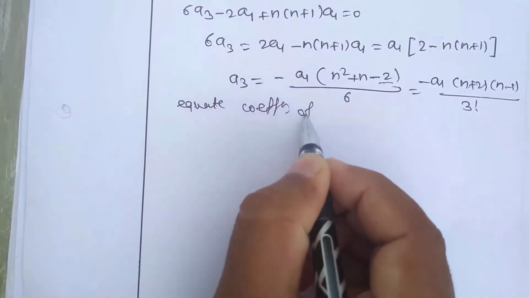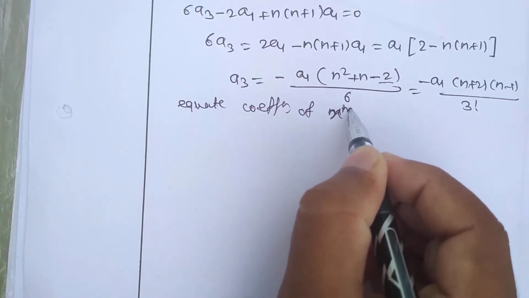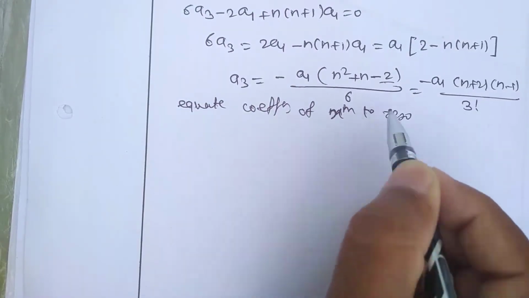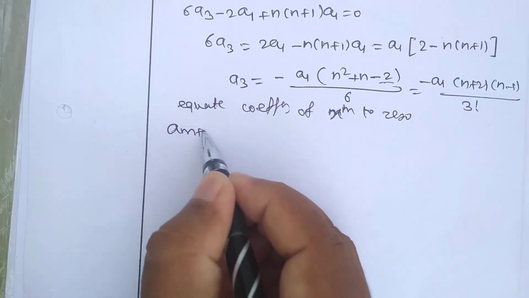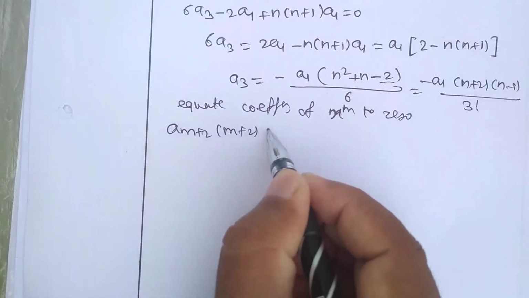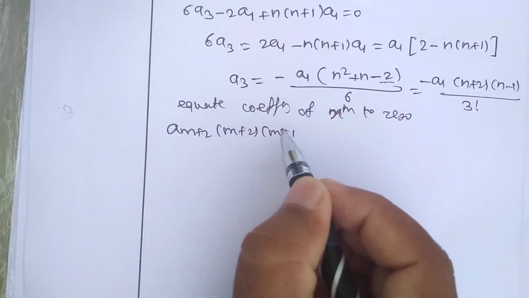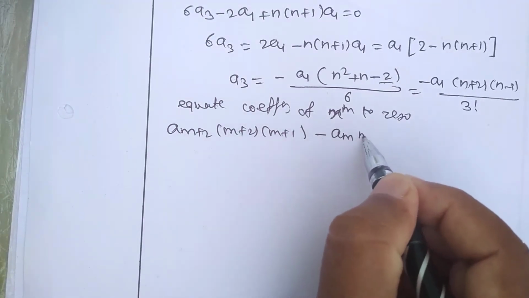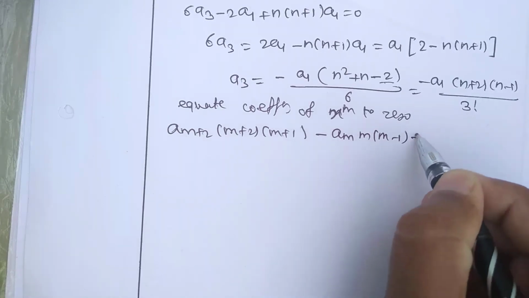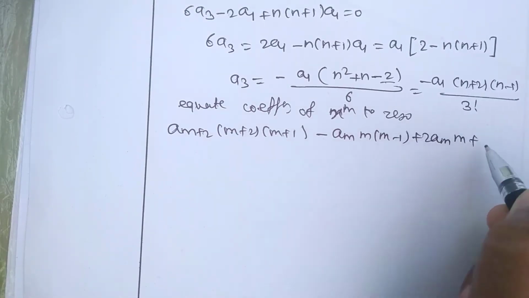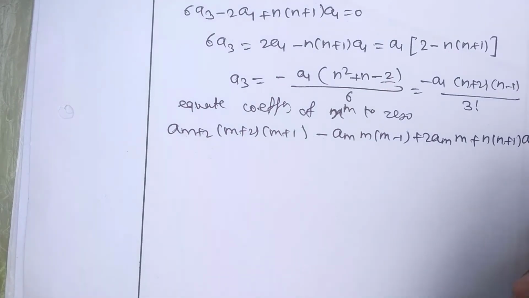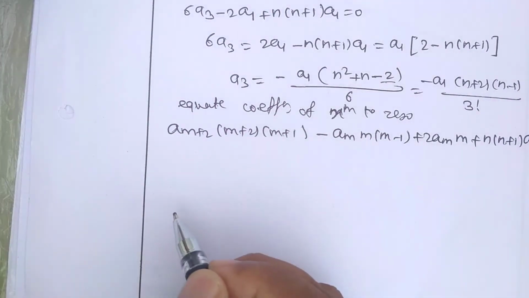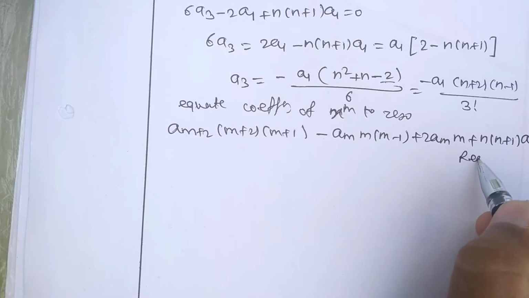So you will get am plus 2 into m plus 2 into m plus 1 minus am into m minus 1 plus 2am into m plus n into n plus 1 times am is equal to 0. That is the recurrence relation.